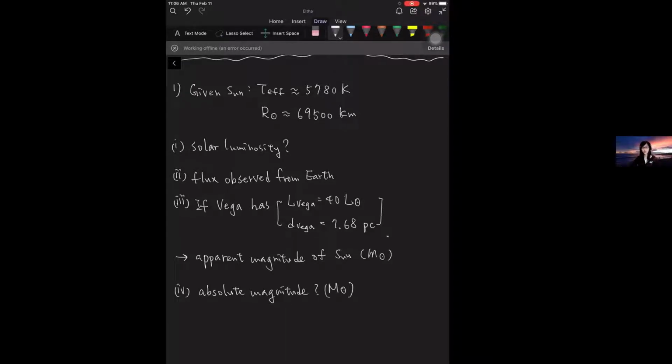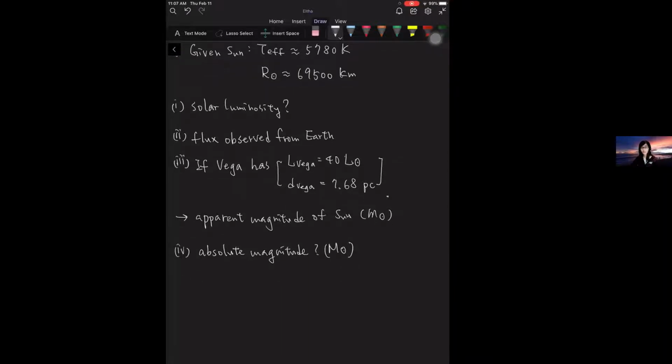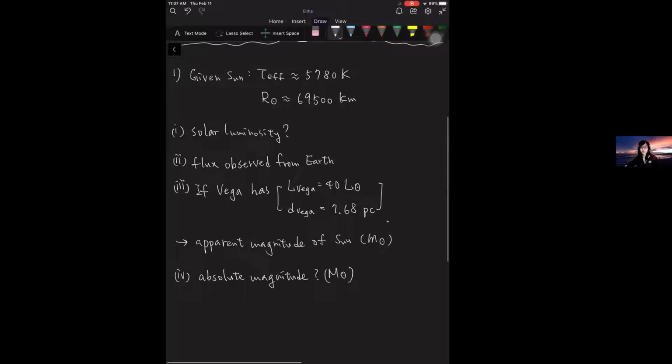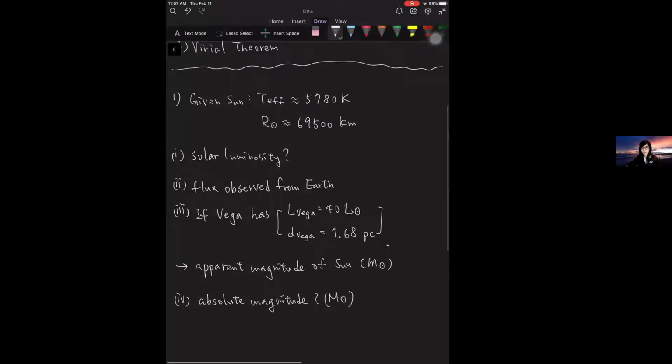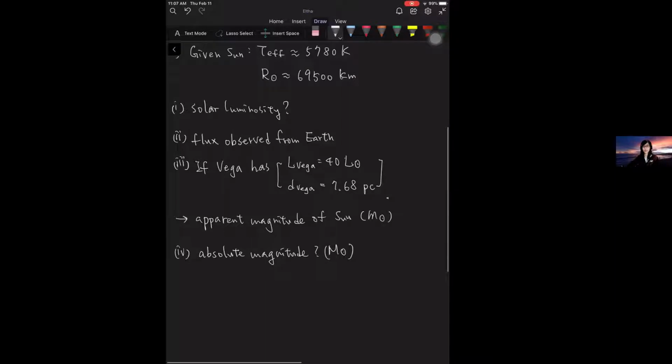Okay, so let's start on the solar luminosity. So since the given conditions are the temperature and the radius, right? So given the temperature, it is straightforward to think of the temperature as related to the sun's surface intensity by the Stephan-Boltzmann relation, right?